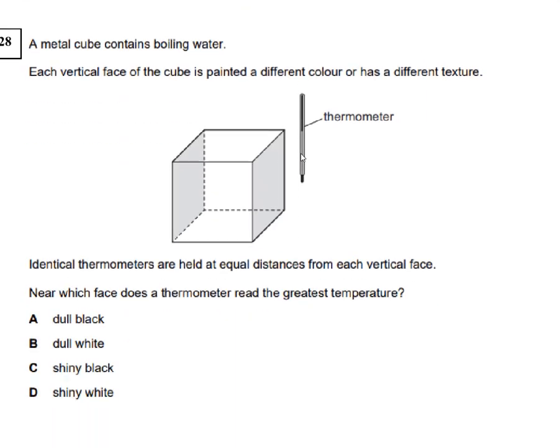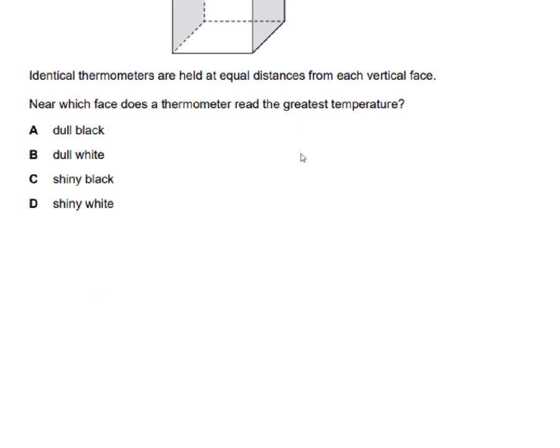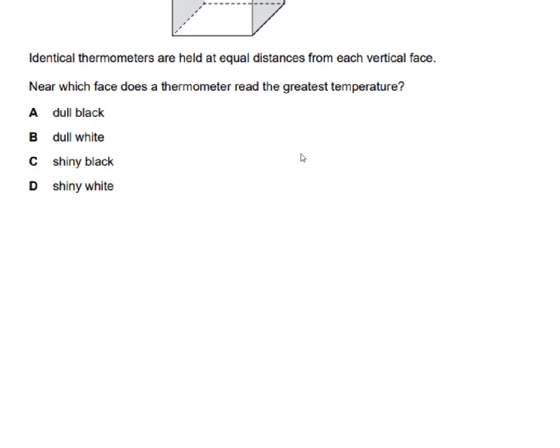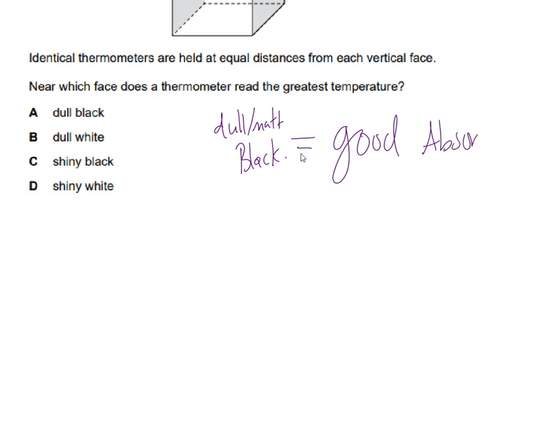Okay, now let's have a look. Black. So black, dull, matte black, they're good at absorbing heat, but they're also a good emitter of heat.